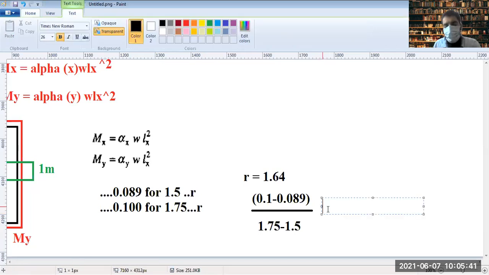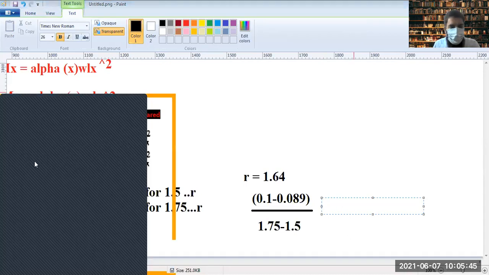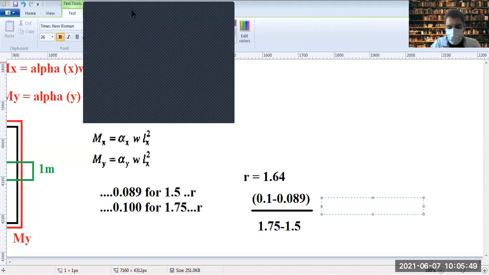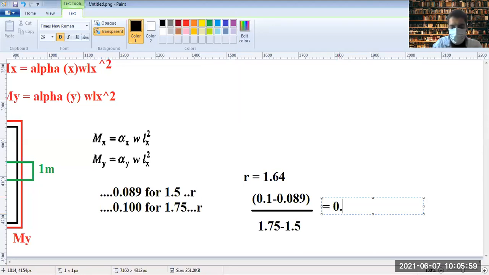So this would be how much? 0.1 minus 0.089 divided by 0.25 gives 0.044, which is the unit change.